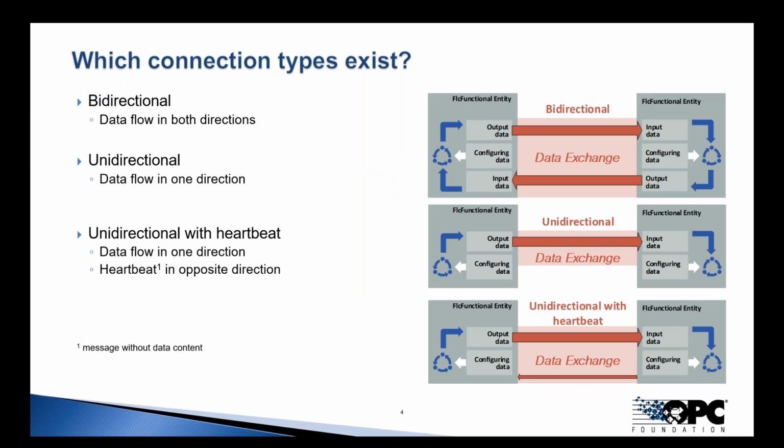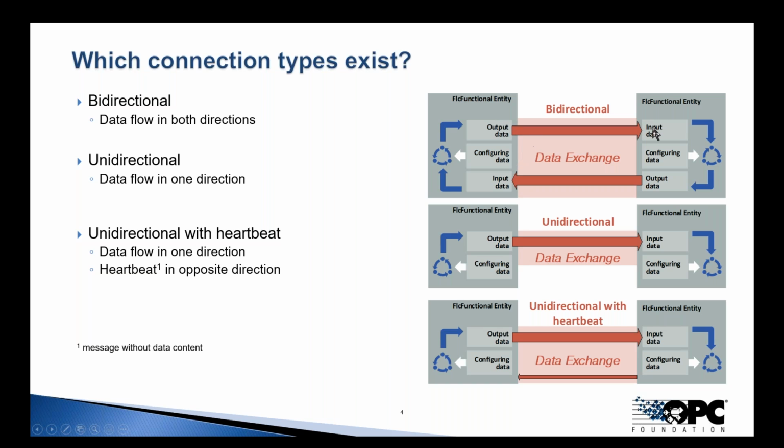Data flowing between the functional entities can have three different types that we provide for a connection. One is a bidirectional connection, where both functional entities exchange data in both directions.